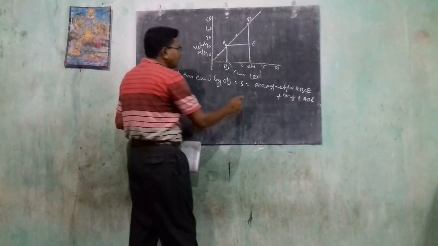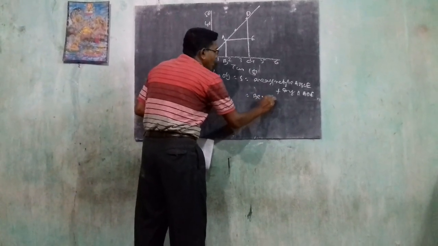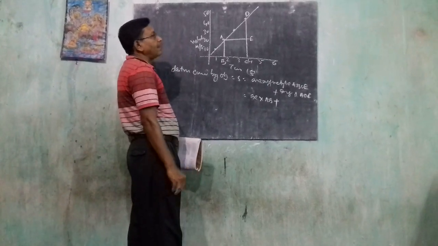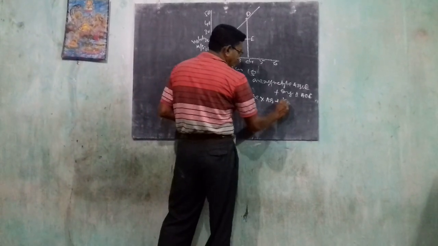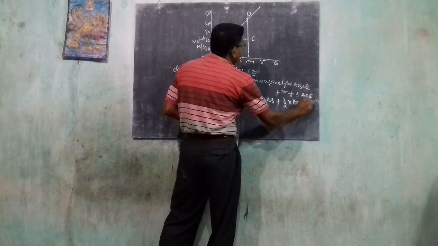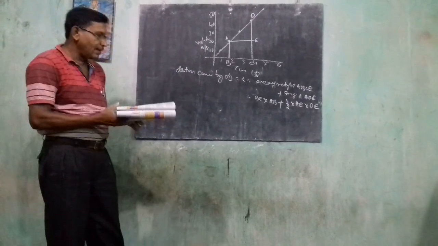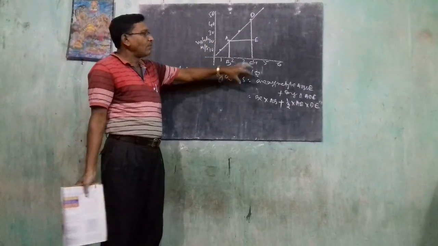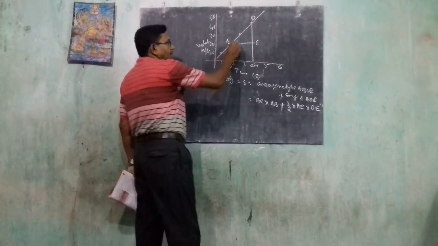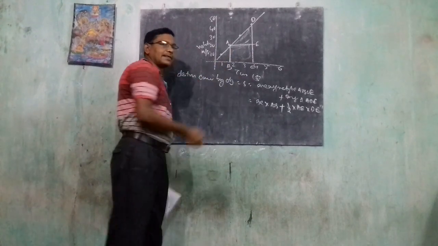So the area of rectangle is length into breadth, BC into AB, plus the area of triangle, half base into height. Half base is AE, height is D. This much area we can find. This is how much distance is covered by the object, the area of the triangle plus the area of the rectangle.